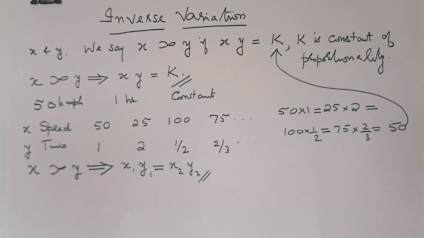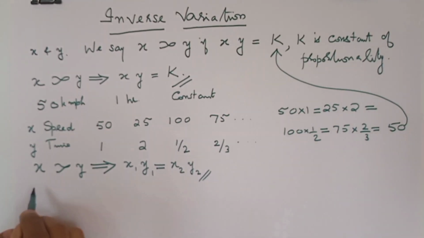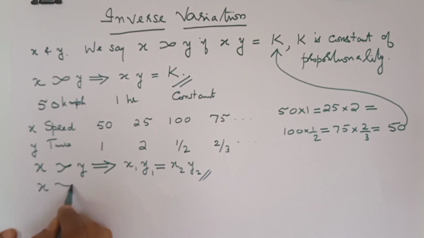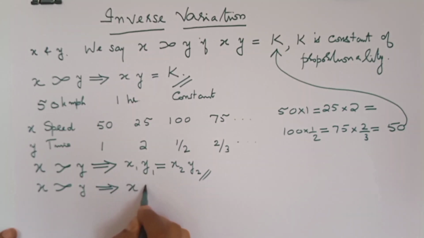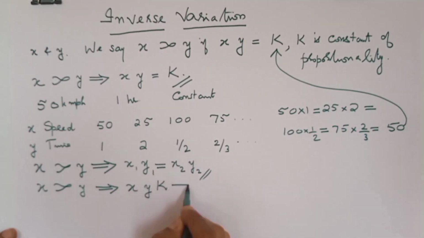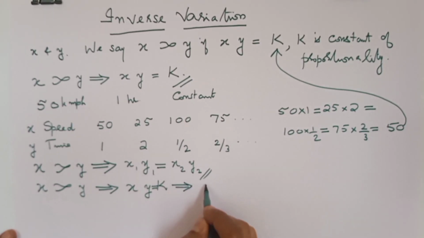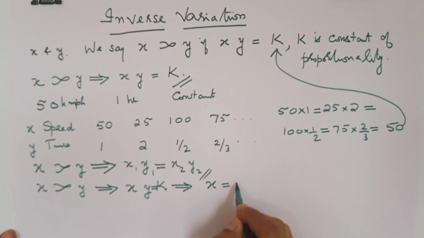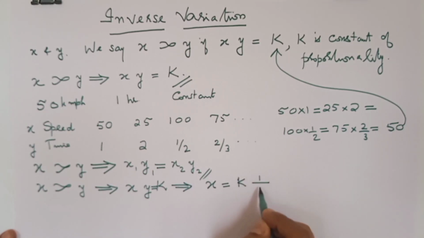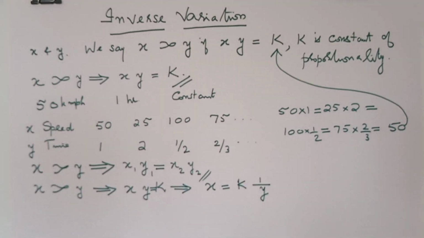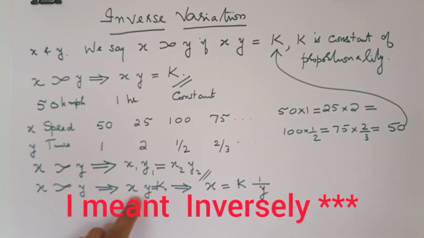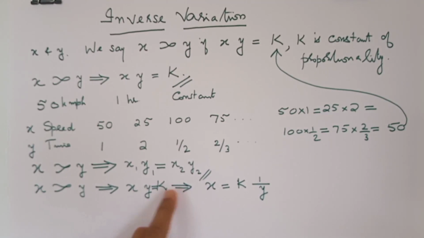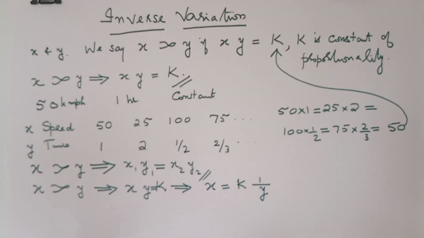Now, there is something else I can derive from this. Look at this. x inversely proportional to y. We are using the basic definition xy equal to k, which implies, taking y to the other side, x equals k by y.